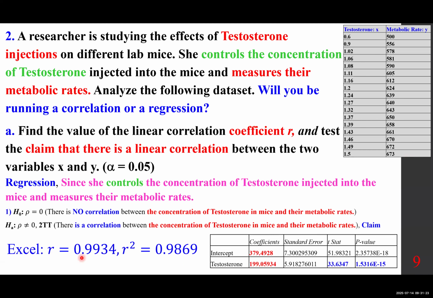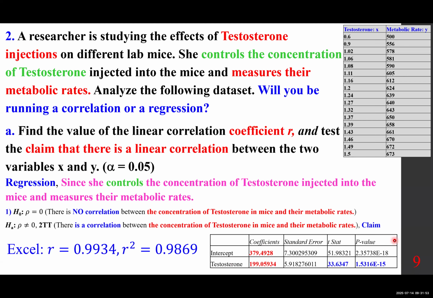Excel gives us R squared, and then these values, which I'm going to discuss exactly what they are. So this is the table. Again, I wanted you to be familiar with that. I think we've seen TI. So what happens if you run it through Excel and it comes up with those values? What does each mean? Okay, intercept, testosterone, coefficient, standard error, t-stat, and p-value, and so forth.